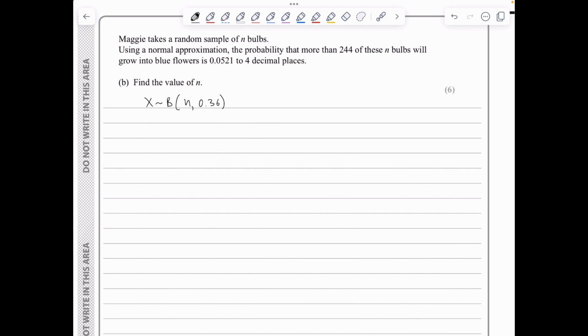Well, we know that if we are planning on using a normal approximation, then we need to find the mean and the variance of the binomial distribution, because this will be the mean and the variance of the approximating normal distribution.